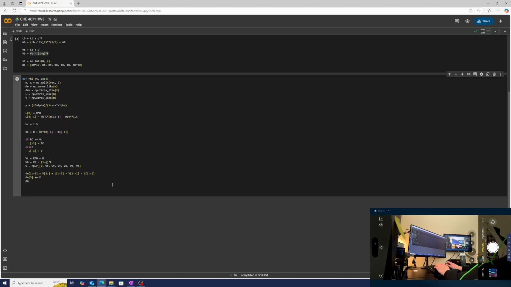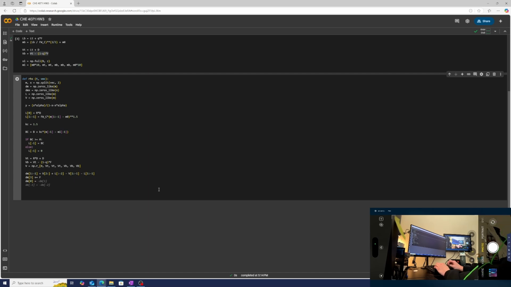We know our condenser, 0, is going to be equal to what's coming in.